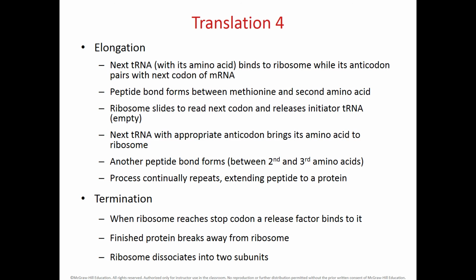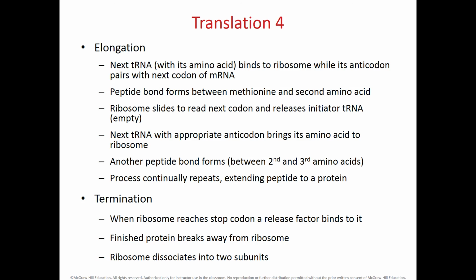After you have done that, and start adding these amino acids one by one, you are elongating your polypeptide. The process will continually repeat until you form the specific protein.